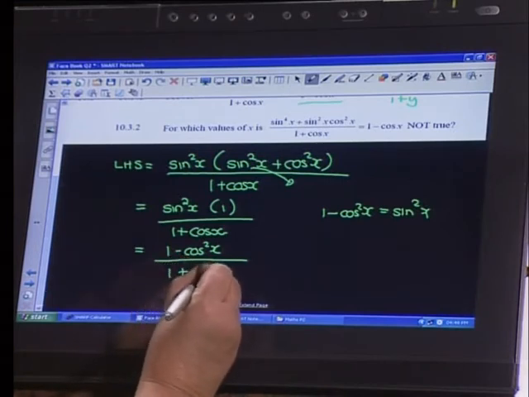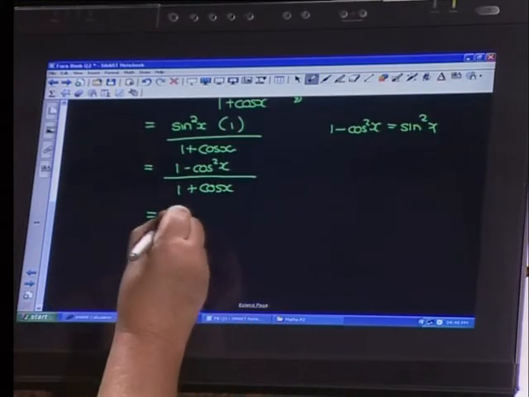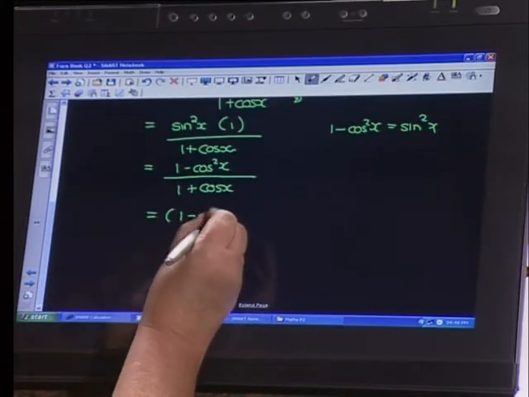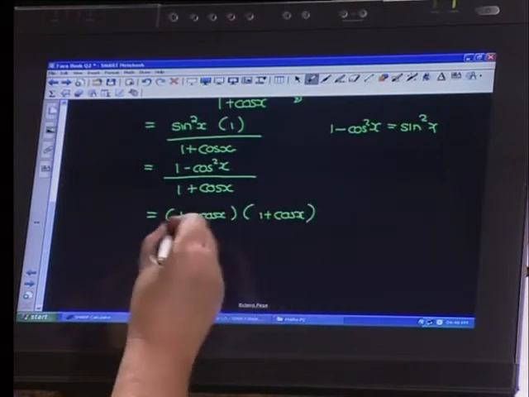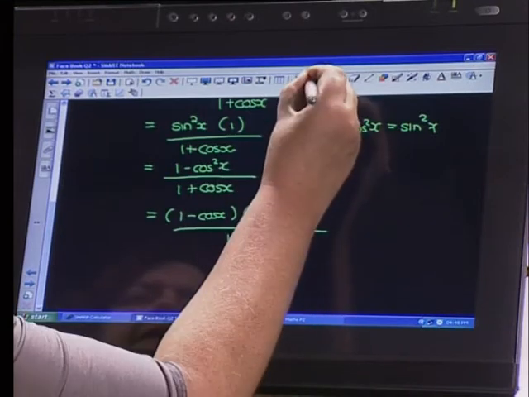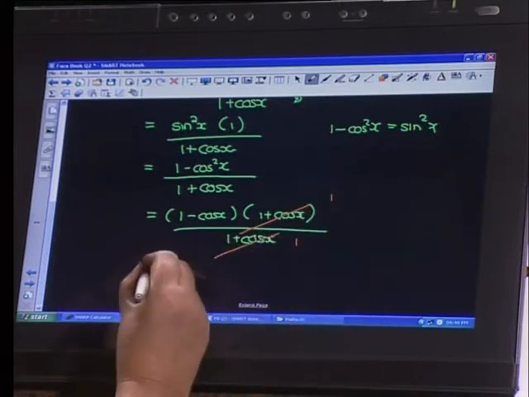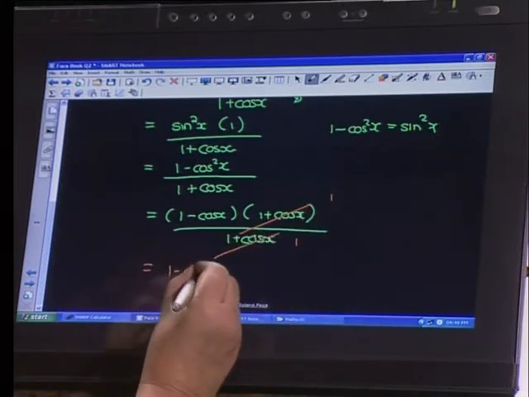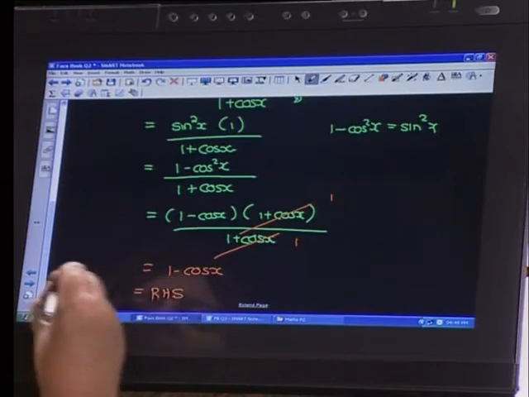So it's cos x like that, and we can see we have the difference of 2 squares, which becomes 1 minus cos x times 1 plus cos x all over 1 plus cos x. And we can see that this now becomes just 1 minus cos x, which is exactly what this question asked me to show. And so it's equal to the right-hand side.